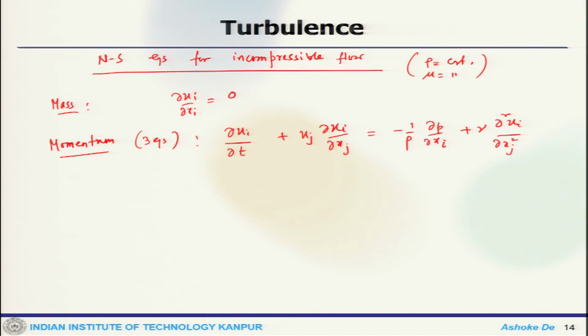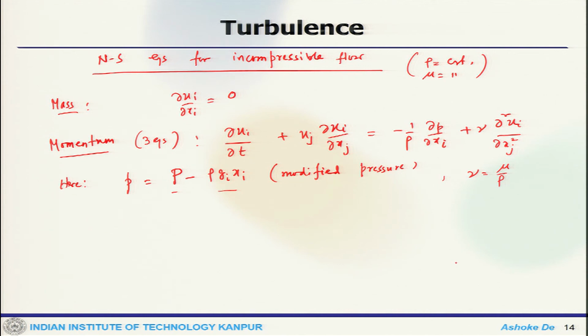Here small p is nothing but the P minus rho gi xi. This is the so called modified pressure. So, this is the pressure minus hydrostatic contribution, and nu is the kinematic viscosity, which is nothing but mu by rho.